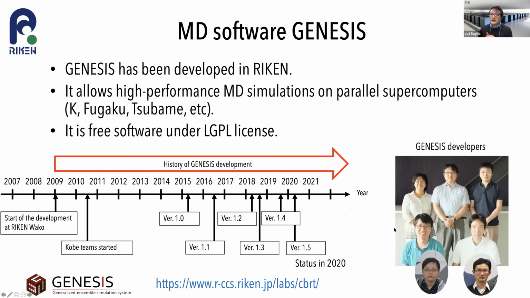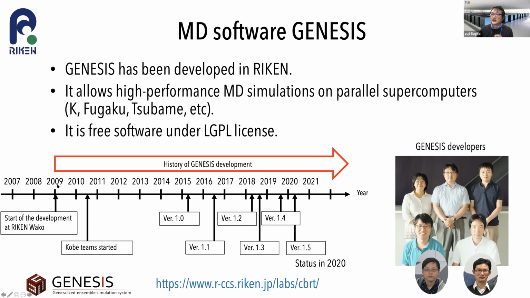In particular, for using the K computer, in our team we started the development of the MD software GENESIS. Today I mainly discuss how we struggled to develop this software and how we could achieve high performance computations. We started the development of this software in 2009.